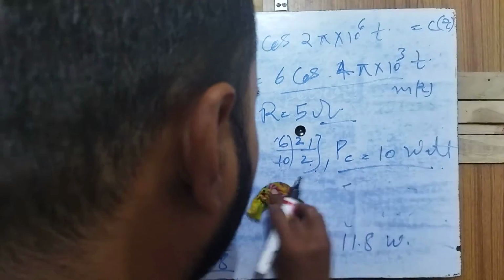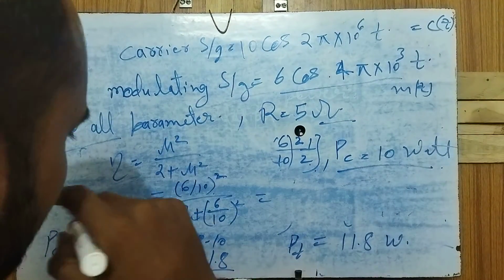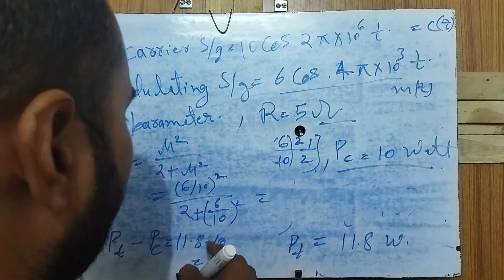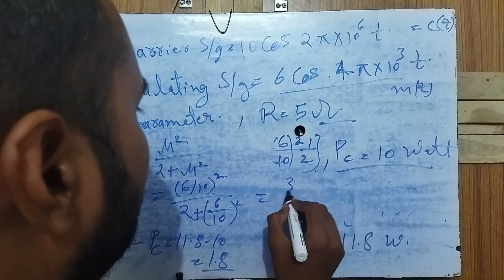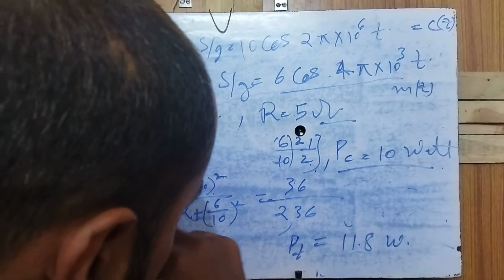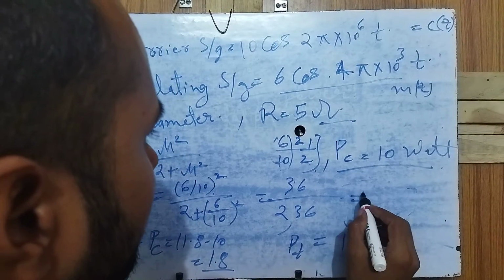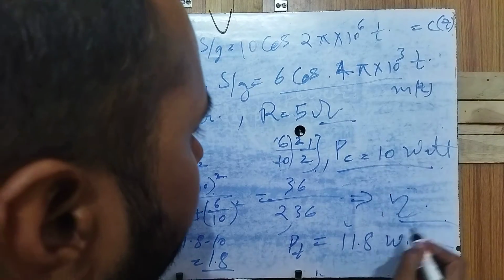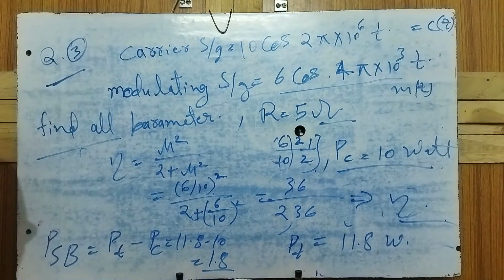Solve it. 36 by 200 plus 36, that is 36 by 236. Solve it and you will get the efficiency eta. Thank you.